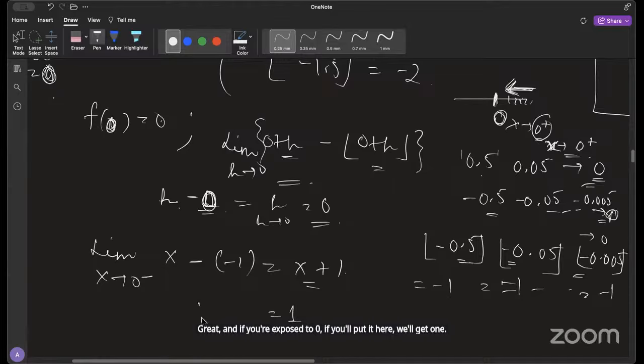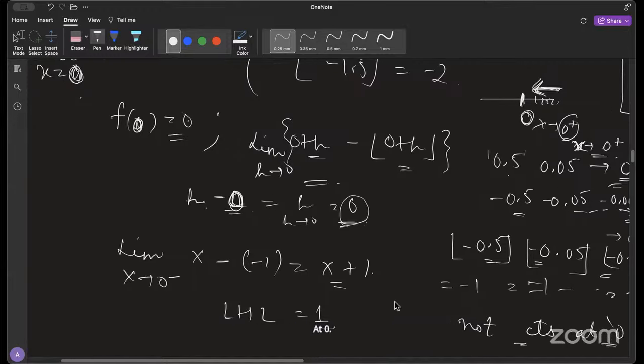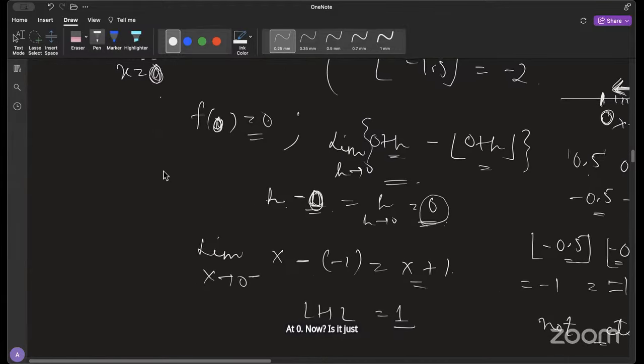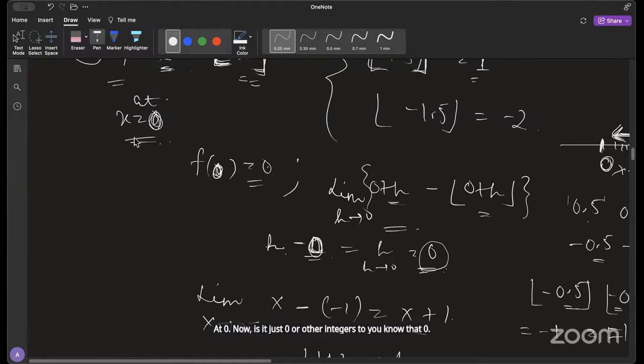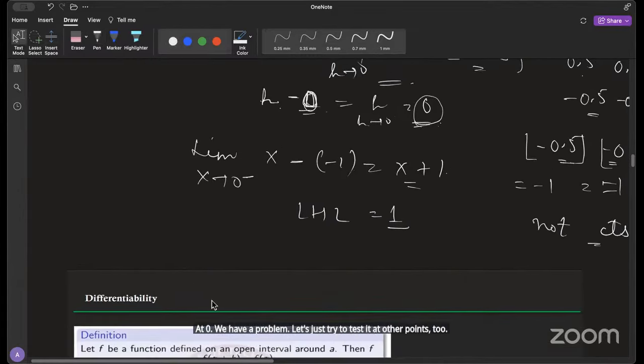That means your left hand limit is 1, right hand limit is 0, and the function's value is 0. That means this function is not continuous at 0. Now, is it just 0 or other integers too? We know that at 0 we have a problem. Let's just try to test it at other points too.